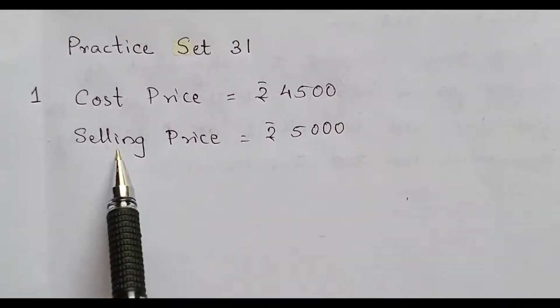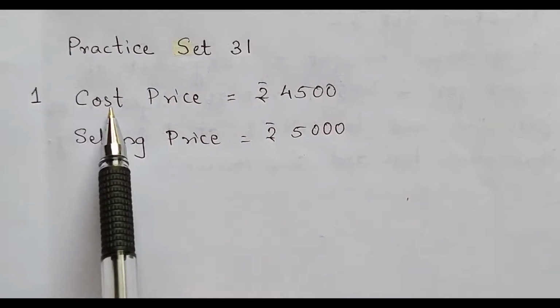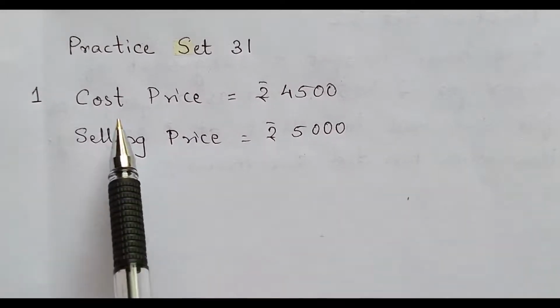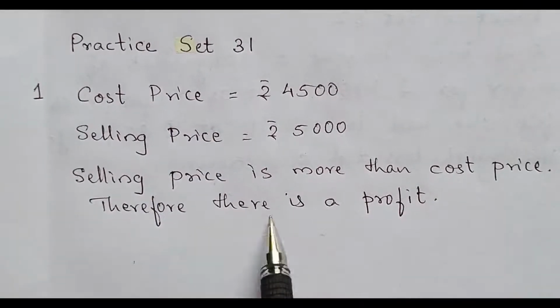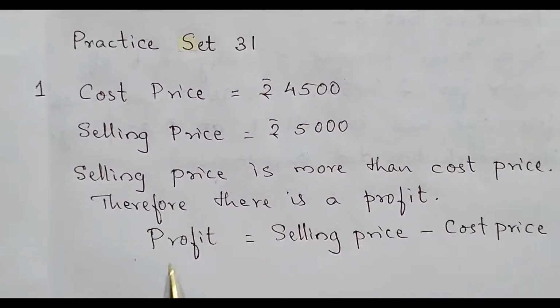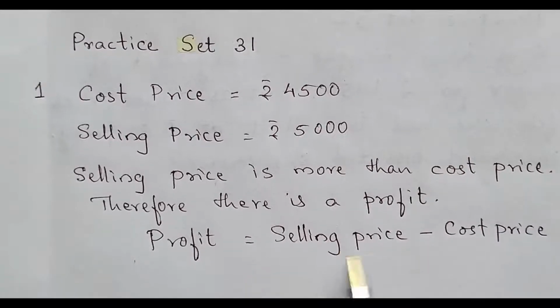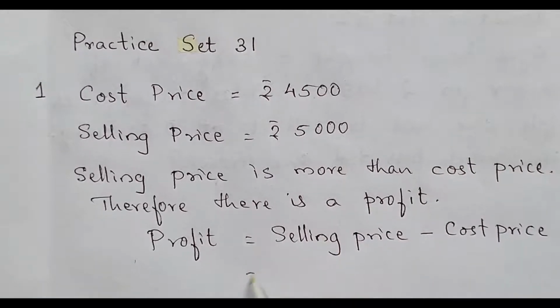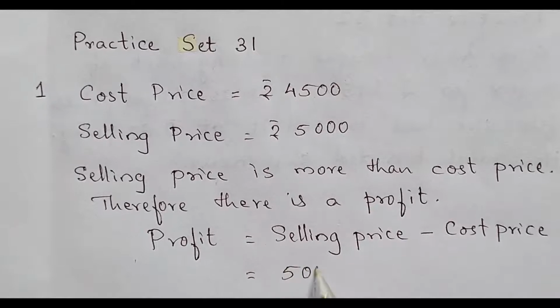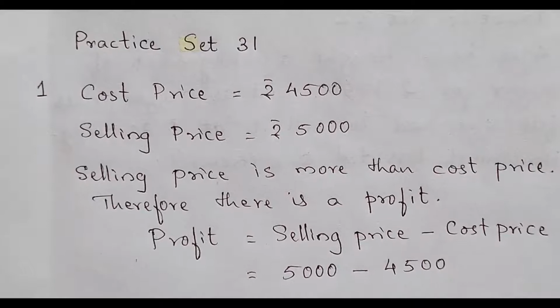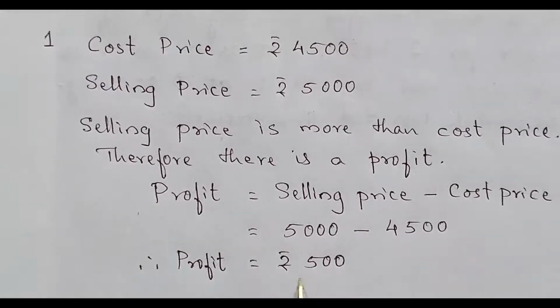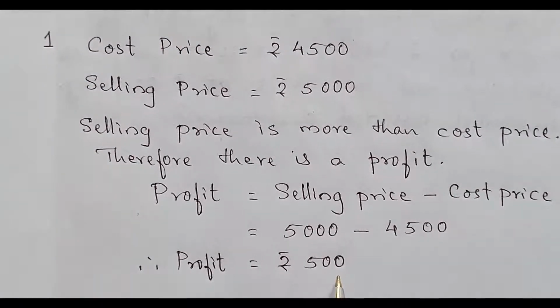Here the selling price is more than the cost price. So there is a profit. The profit is equal to selling price minus cost price. That is 5,000 minus 4,500. Therefore profit is rupees 500.